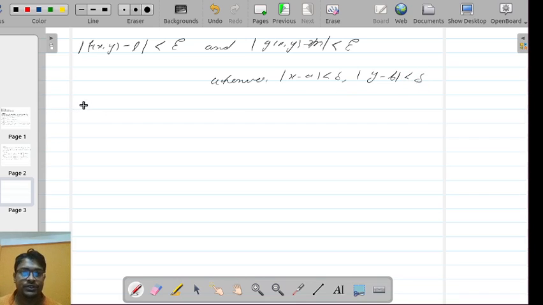So we have this result. Now let us have an idea: the limit of f(x, y) plus g(x, y) is L plus M.